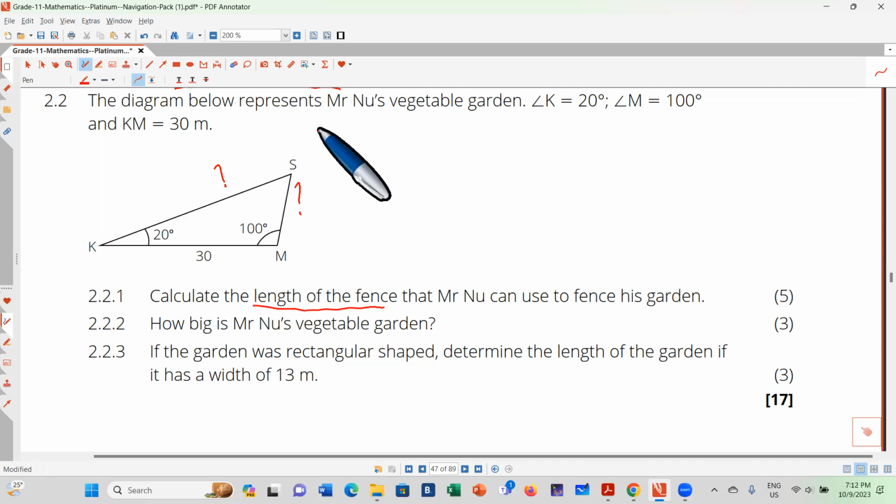By the sine rule, we can say SK over the sine of 100 degrees is equal to 30, this one here, over the sine of the angle opposite. This one is 100, this one is 20, and therefore this one is 60.